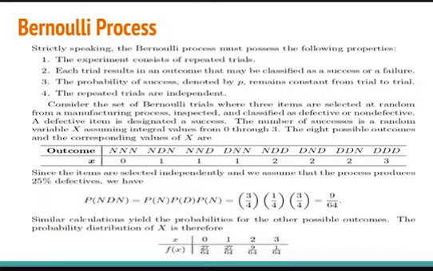Now, consider a set of Bernoulli trials where three items are selected at random from a manufacturing process, inspected and classified as defective or not defective. Let me tell you this, because there's always going to be variation in life. Whatever we do, variation exists in the production process.